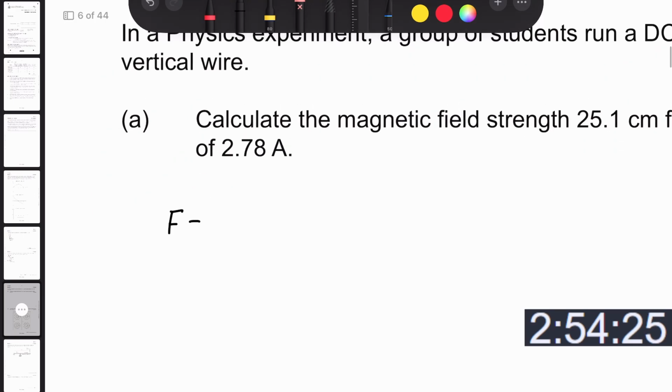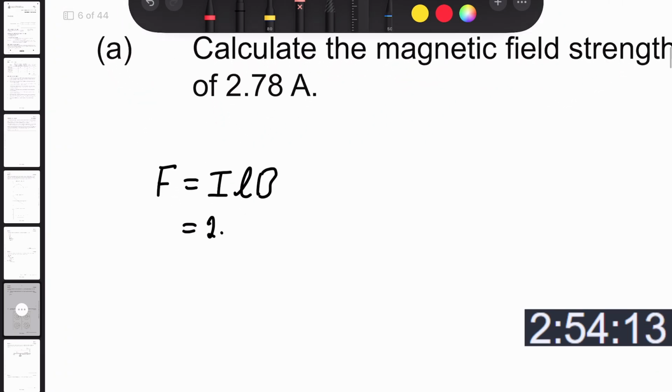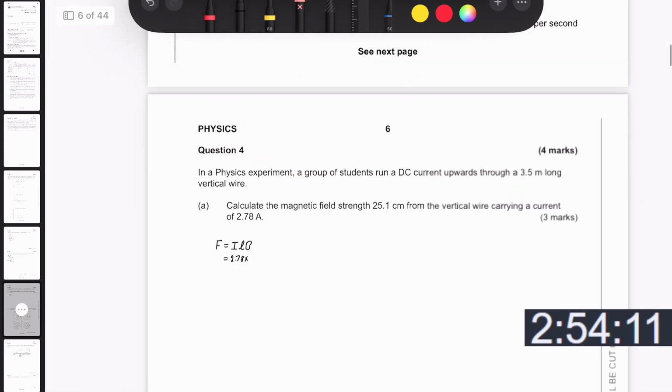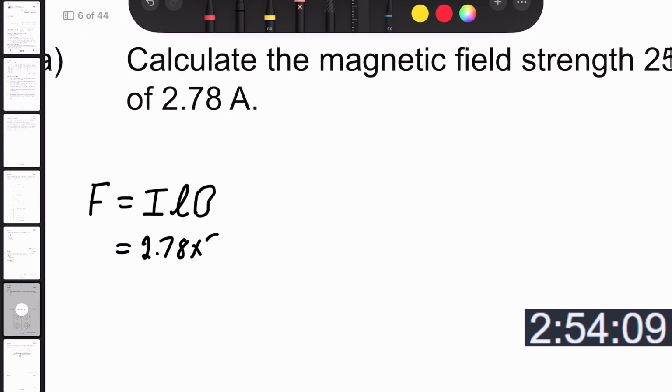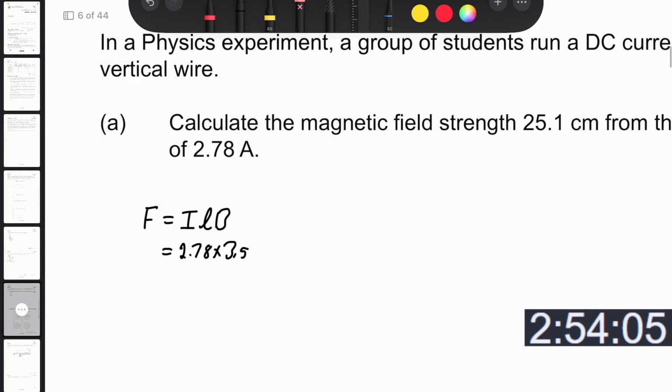So F is just going to be equal, I think this is ILB. Let's make sure. Magnetic force on a current carrying conductor. Yep. So my current is 2.78. My length is 3.5.